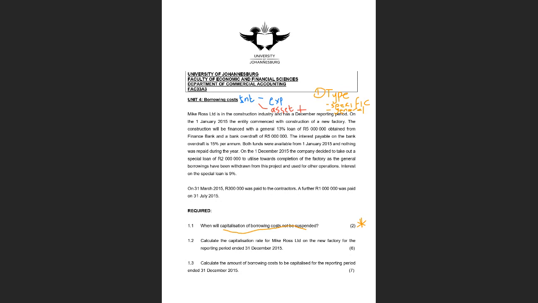Okay, so just looking at 1.2, 1.2 says we must calculate a capitalization rate. That kind of gives us a clue. What clue does it give us? When do we normally calculate a capitalization rate?